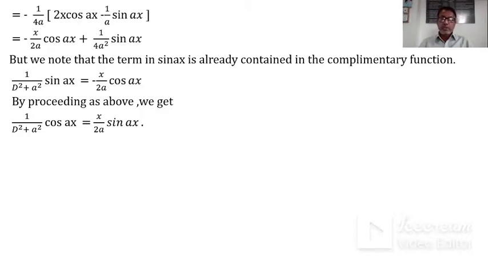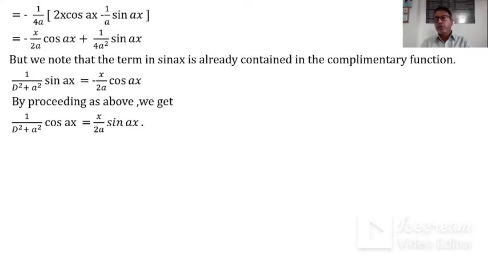We have seen this result in the first two theorems, and the next theorems are what? If we substitute d square by minus a square and f of d, the denominator, becomes 0, this means d square plus a square is a factor of f of d.